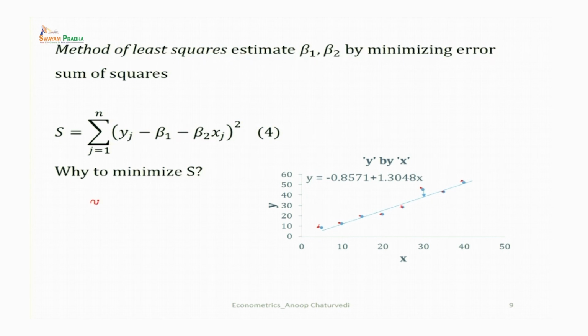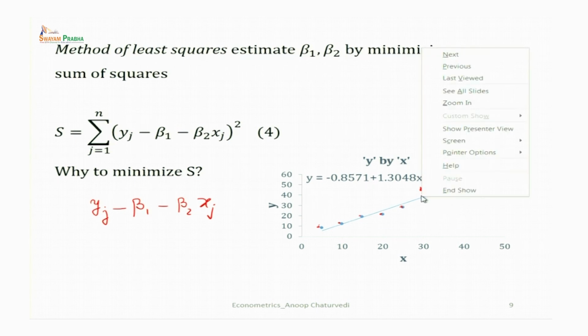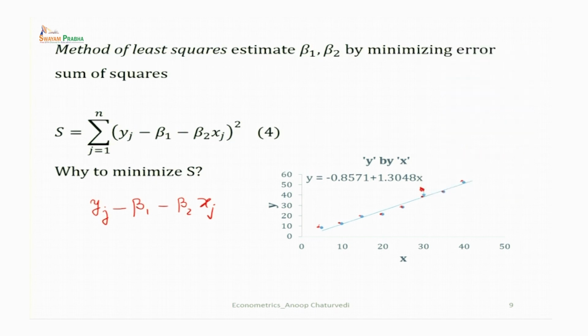So, we take the error y j minus beta 1 minus beta 2 x j, and you observe that y j minus beta 1 minus beta 2 x j is actually the distance between this observed value and the straight line, parallel to the y axis.